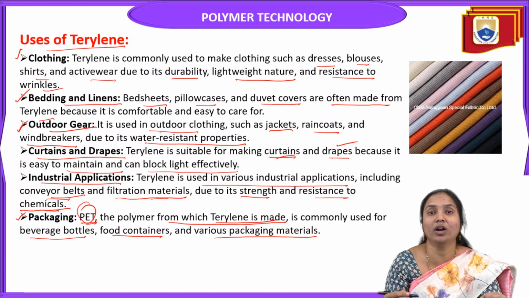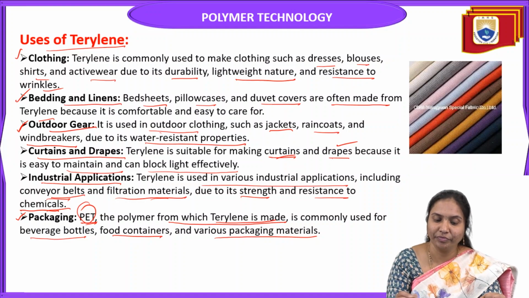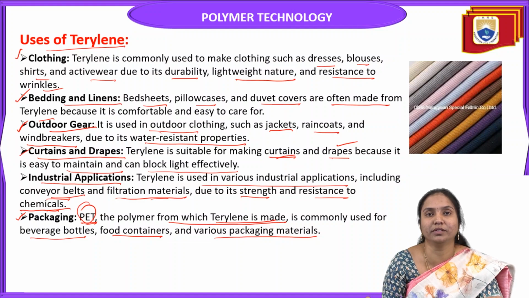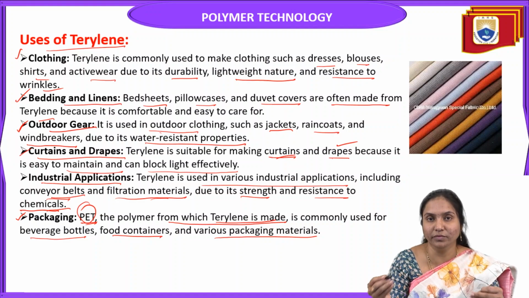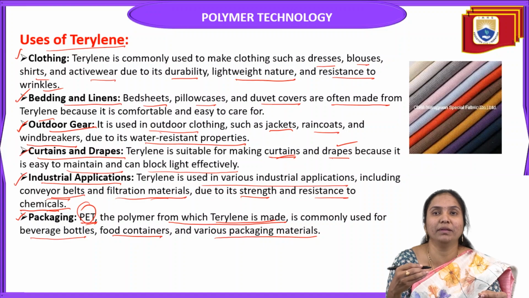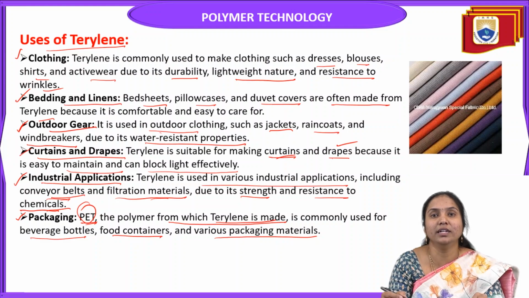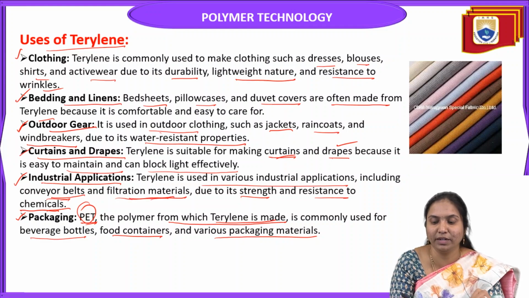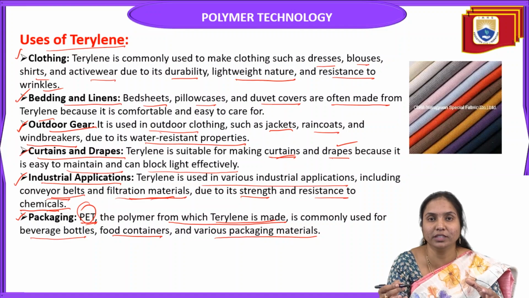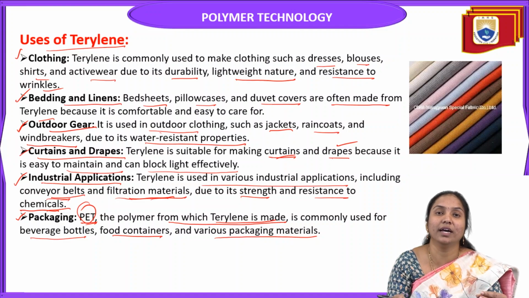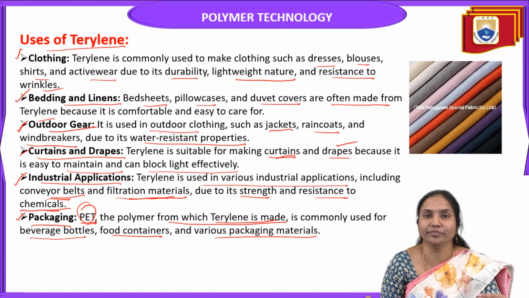Because it has high water resistance. The fourth one is curtains and drapes. And next, in various industrial applications we also prefer Terylene, for example conveyor belts and filtration materials, due to its strength and resistance to chemicals. And we also use it for packaging.